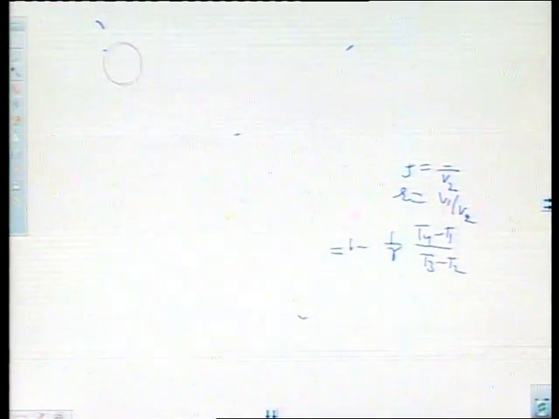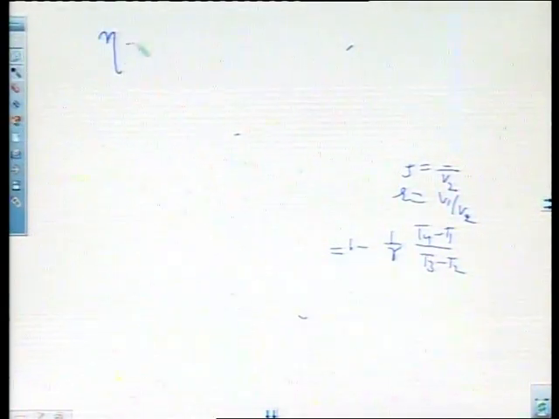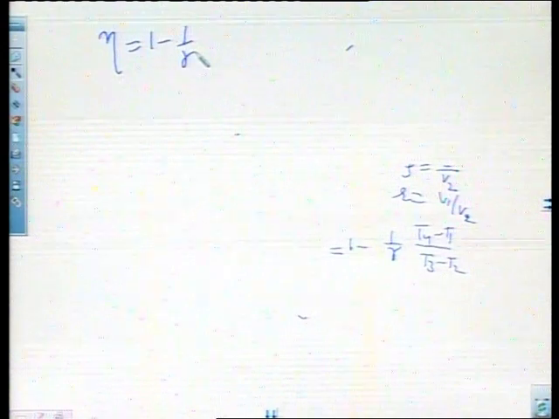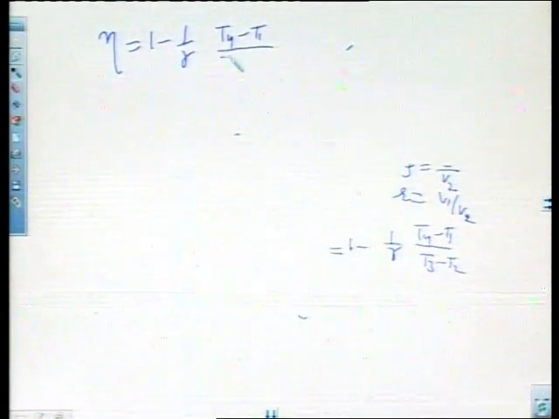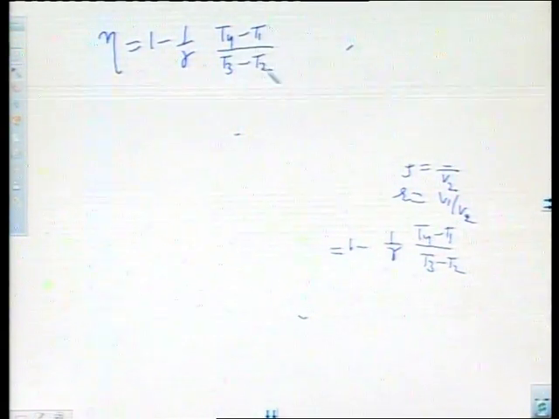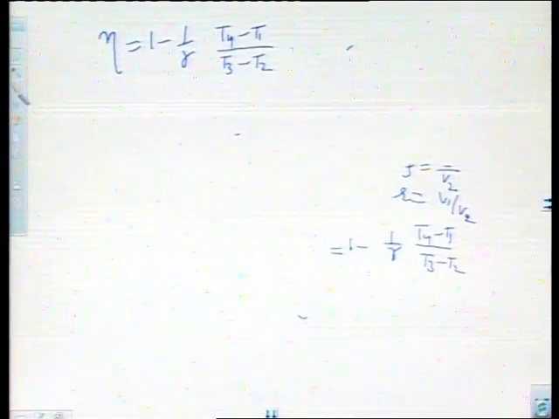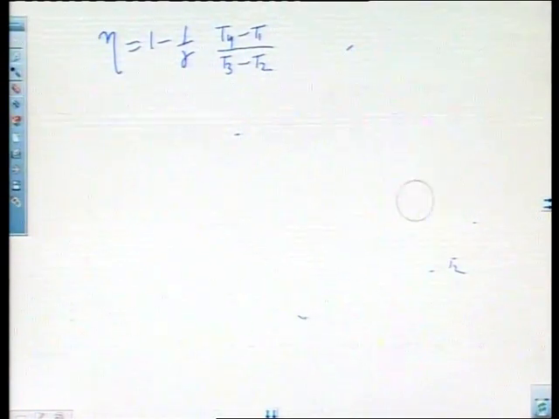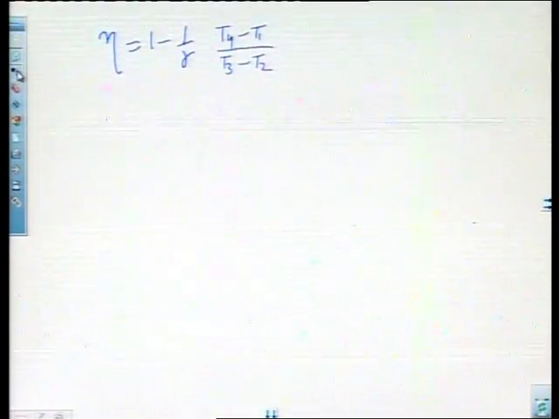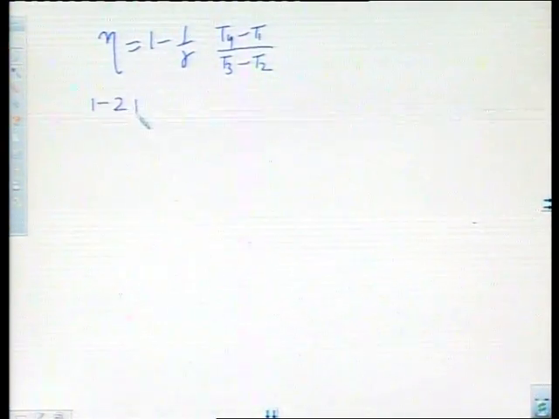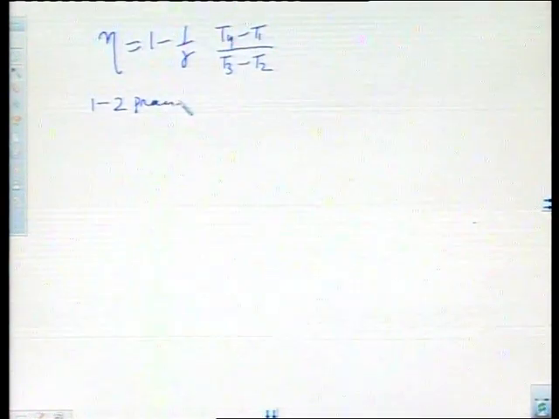We can write efficiency equal to 1 minus 1 by gamma, times (T4 minus T1) divided by (T3 minus T2). Now, take the first process, the 1-2 process.